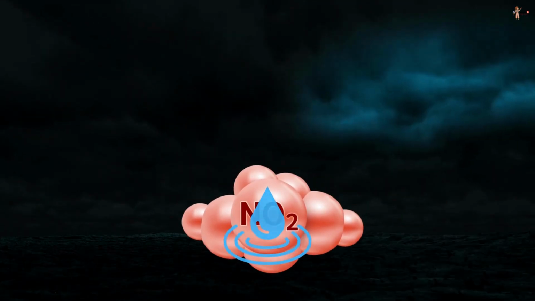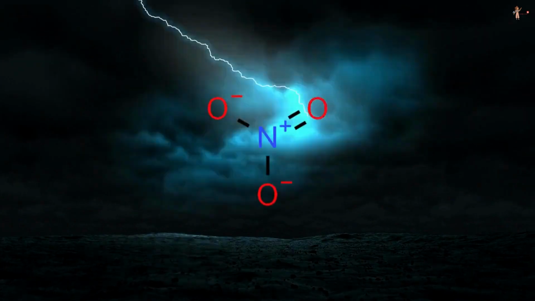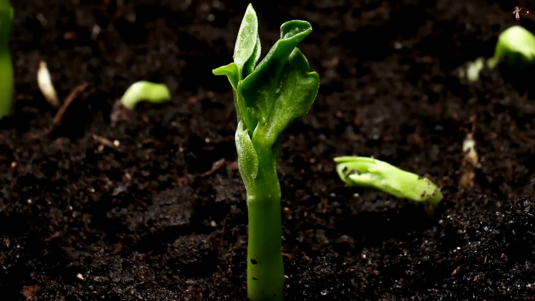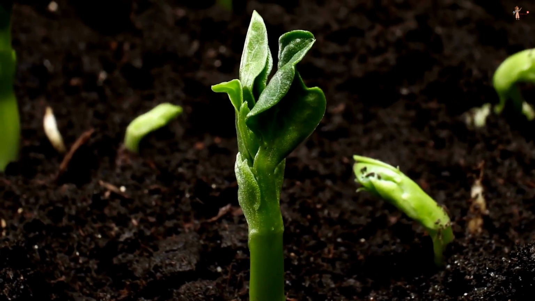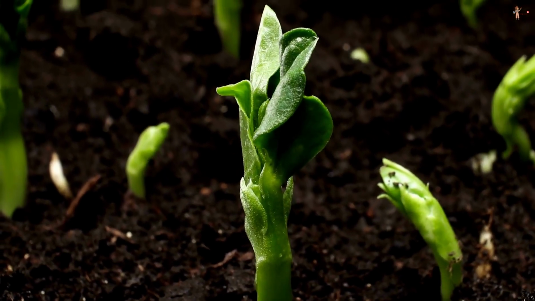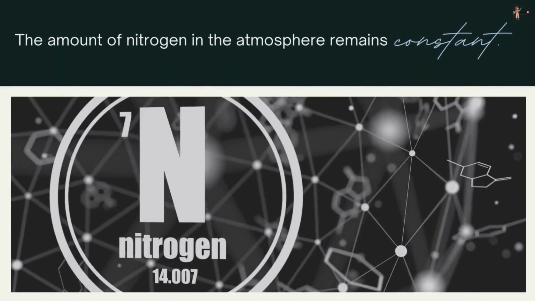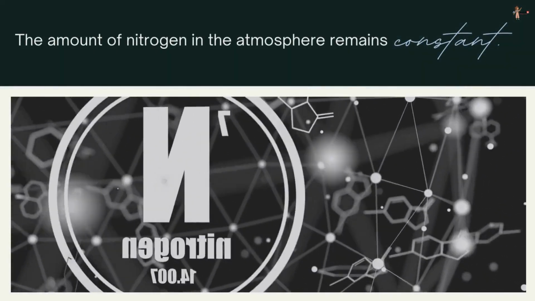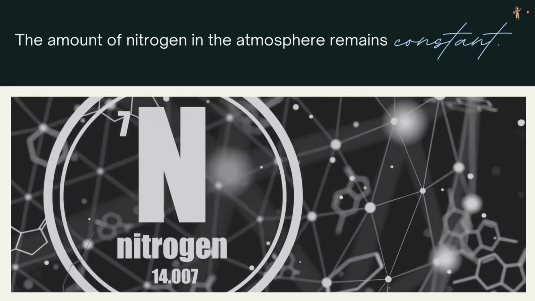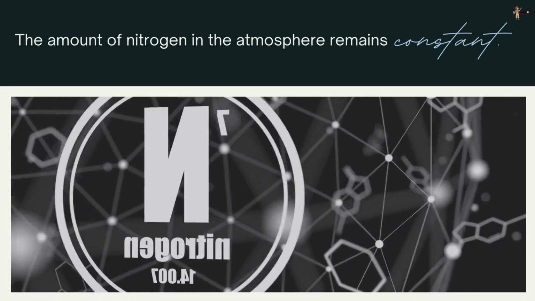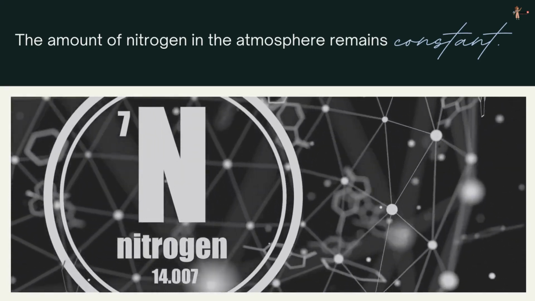Nitrogen oxide dissolves in moisture to form nitrates that are carried to Earth's surface by precipitation, from where the plants can use it. But do you know that the amount of nitrogen in the atmosphere remains constant? You may wonder how. Let us understand this in the next section.